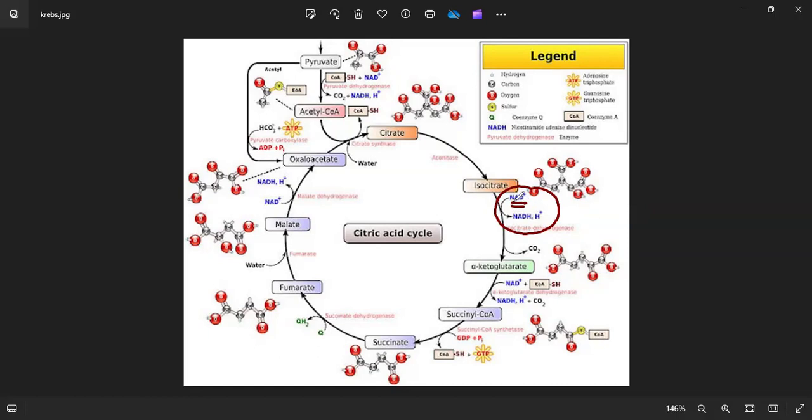There's another one, FAD. I don't know why I can't find it here, but the whole point is that the Krebs cycle produces two groups of electron carriers. Remember that they will carry electrons through the electron transport chain, and then that electron will finally get to oxygen, and it's oxygen that will convert everything to ATP. Do you understand me?